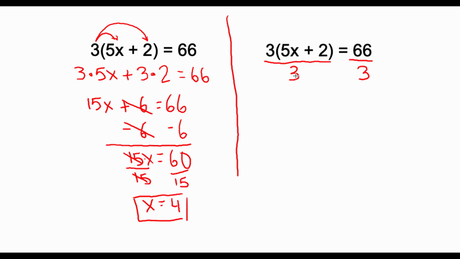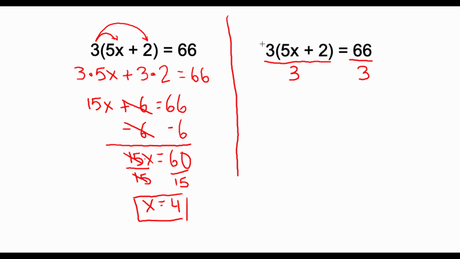Now, what this will do is the 3 that's dividing will eliminate the 3 that's multiplying. And here's why. When you multiply by 3, 3 times 5 will give you the 15x, but then you get divided by 3 again. So then the 15x gives you back the 5x. 3 times 2 gives you the 6, but then the 6 divided by 3 gives you back the 2.